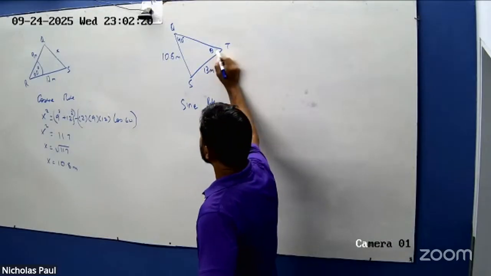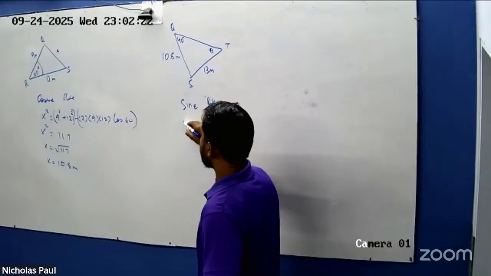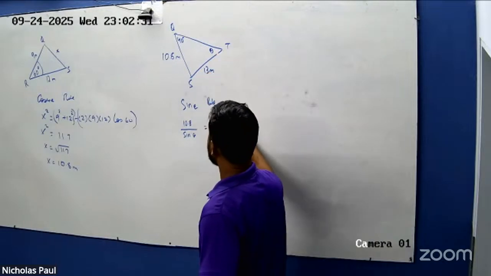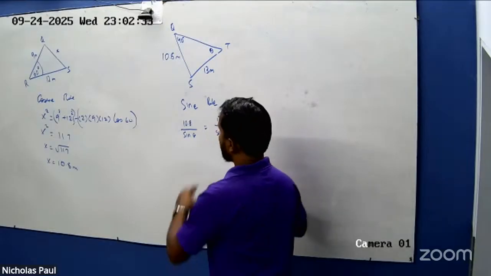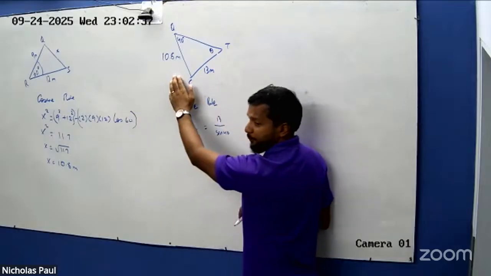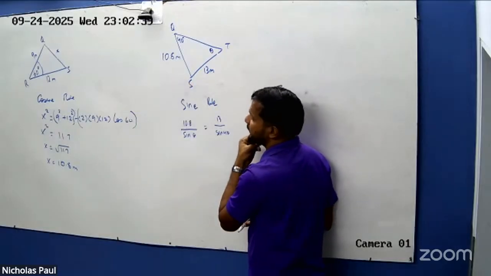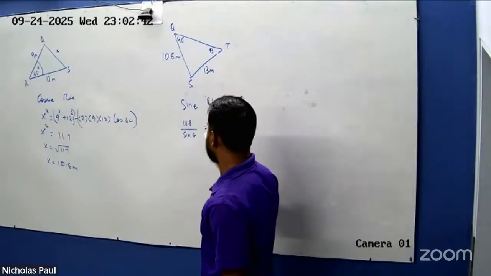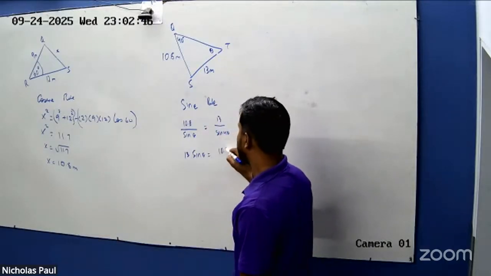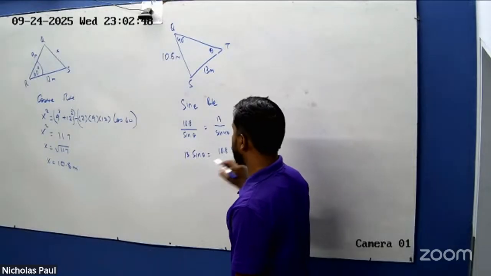Right. So let's work this out. It will be 10.8 over sine theta. Theta is the angle, right? And then 13 over sine 40. You can only work this out if you take the info from here and transfer it here. That's the only way you can work it out, right? And then cross multiply, you'll get 13 sine theta is 10.8 sine 40.